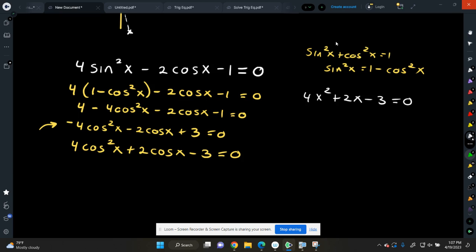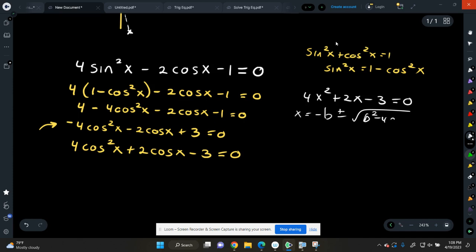Or the quadratic formula. Listen, completing the square is what the quadratic formula is. Remember that? So you don't have to complete the square. You can just use the quadratic formula. Okay? So we've got x equals negative b plus or minus the square root of b squared minus 4ac all over 2a.